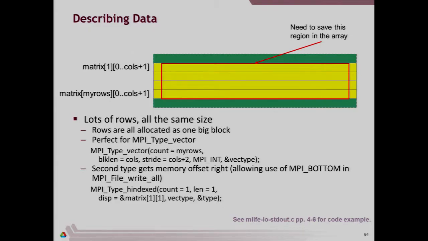So for the type vector, I say, oh well, I've got 4 rows, and the length is columns, and my stride is columns plus 2. OK, no problem, and it's an integer, and I'm good to go, except that I'm not starting at the right location, right? Because I need to skip these values.